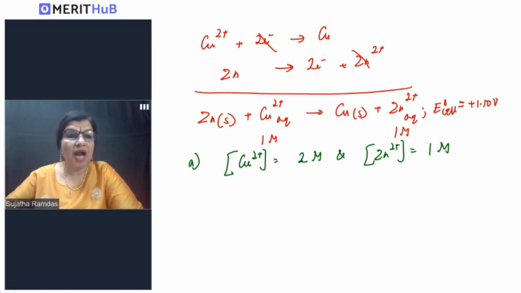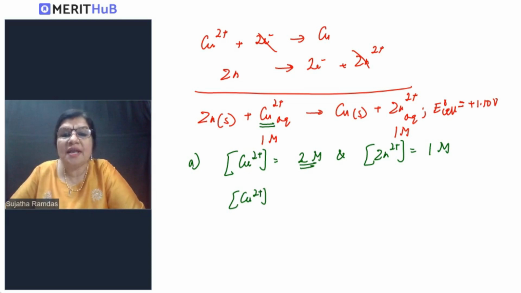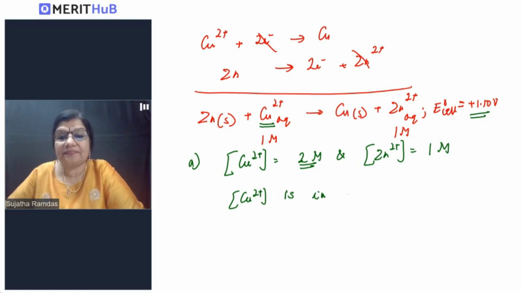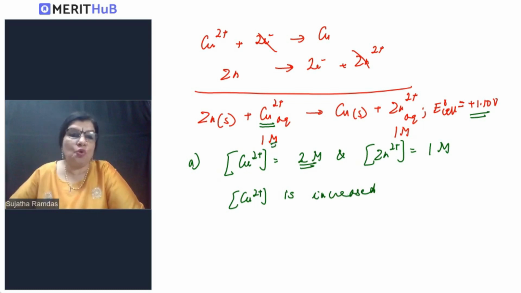In the copper half cell, the concentration of copper sulfate solution is no longer 1 molar, it is 2 molar. Look at this equation: the concentration of the copper 2+ ion has increased from the original 1 molar to 2 molar.